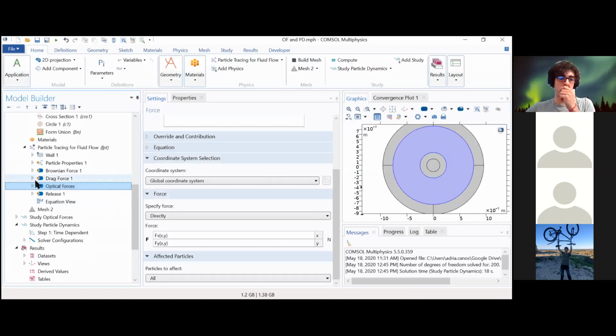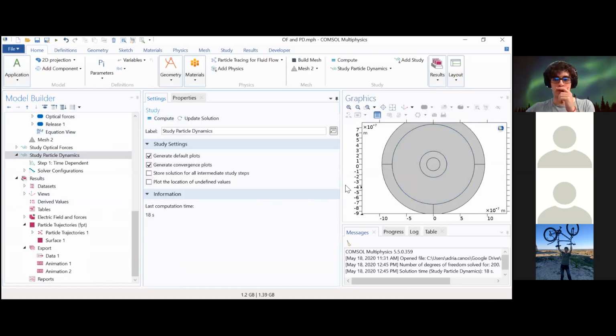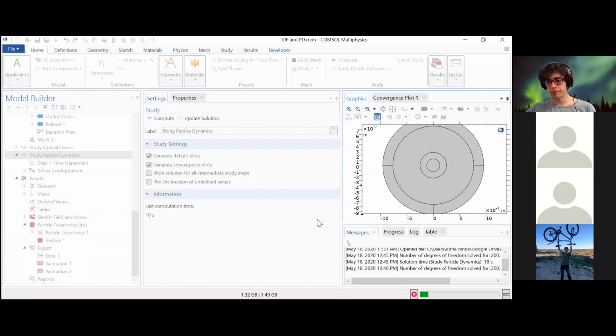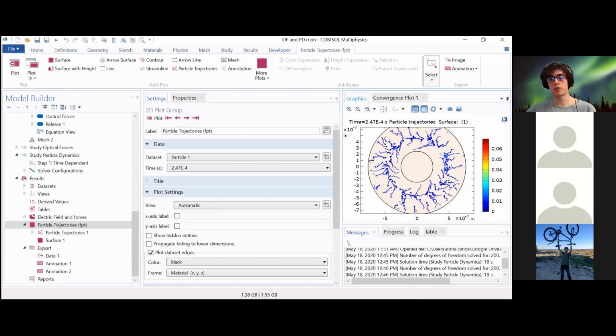But when you enable your optical forces, then clearly your trajectories are totally modulated by them somehow.